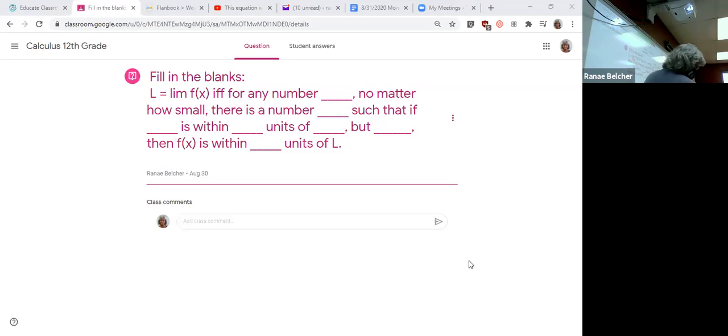No matter how small, there is a number delta greater than 0, such that if x is within delta units of c, but x not equal to c, then f of x is within epsilon units. Or you can do it that way.